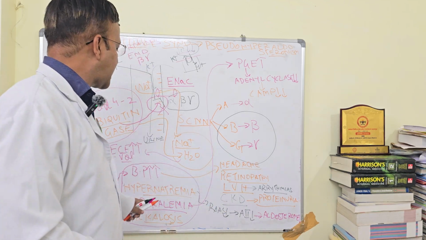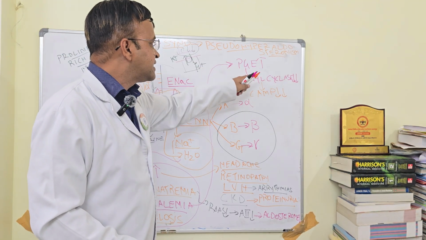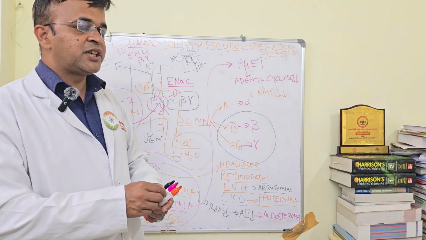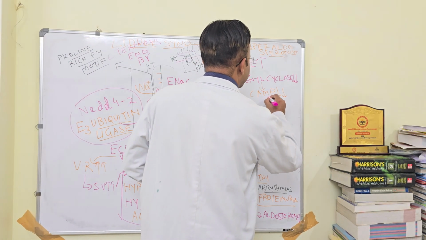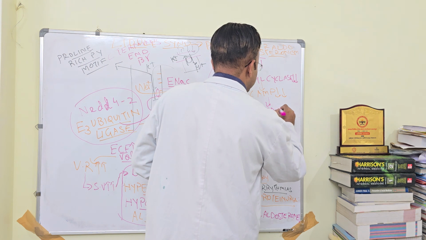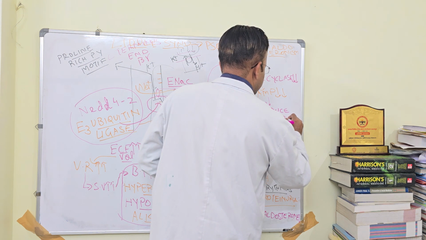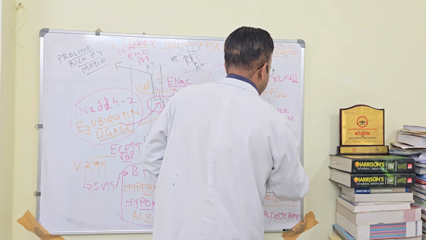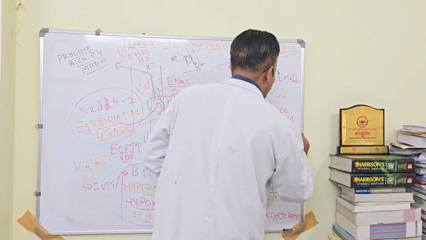But hypokalemia does just the reverse. It increases the level of prostaglandins, which reduces adenyl cyclase, which reduces cyclic AMP, and it will reduce the recruitment of aquaporin 2 channels. Let me write it in short form, AQP2.